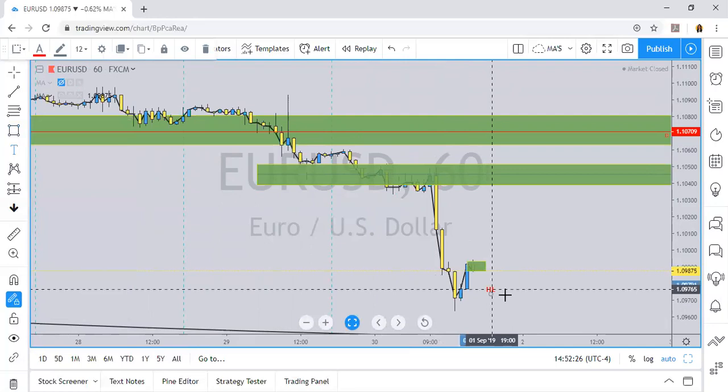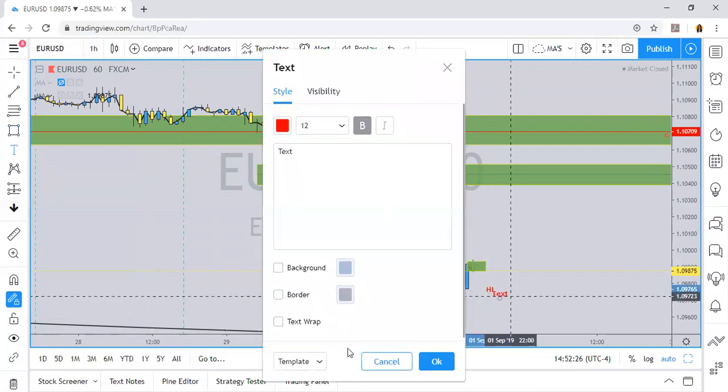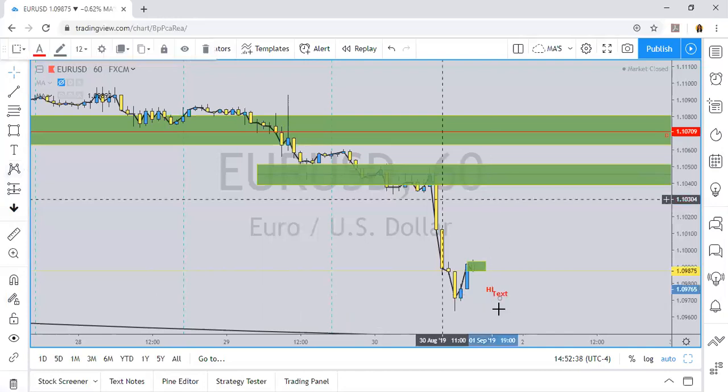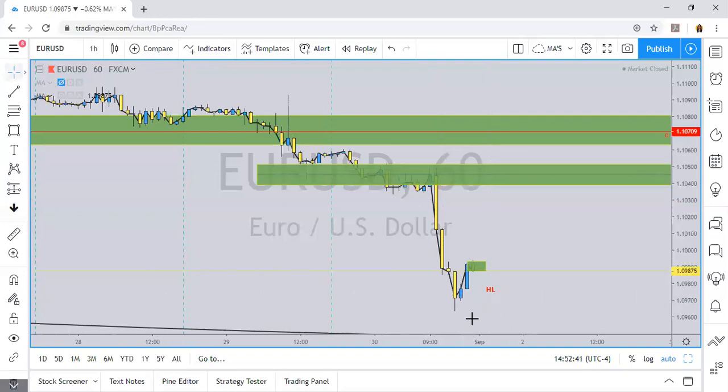This would be our first low there. That could be our first higher low.